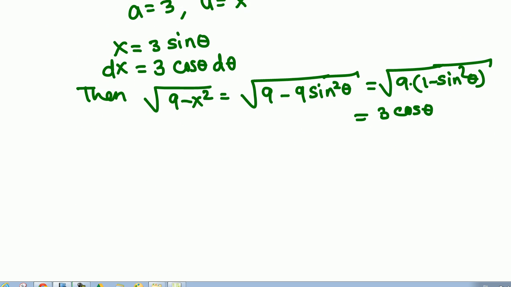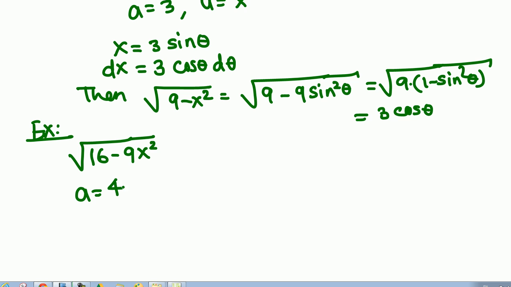Let's take another example. Let's say we have the square root of 16 minus 9x squared. In this case, a is 4 and u is 3x, because 3x quantity squared, and 4 squared is 16.